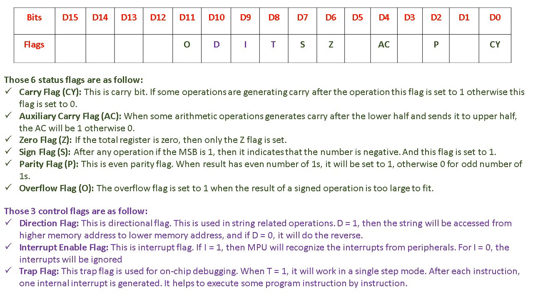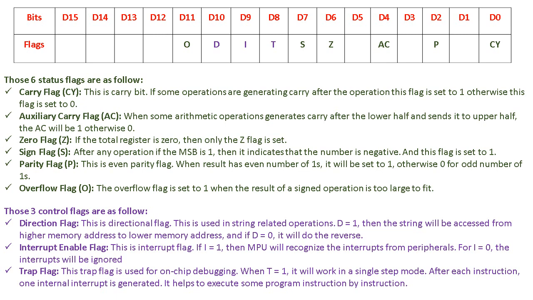Now the parity flag, that is known as P. This is the even parity flag. Why? Because it is set when the result has an even number of ones, since we know that the computer only understands zeros and ones.